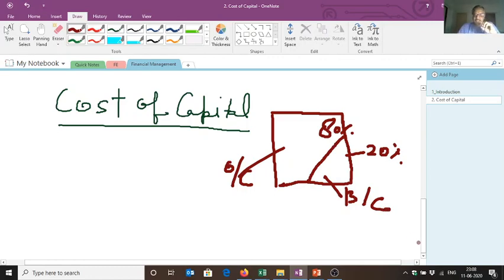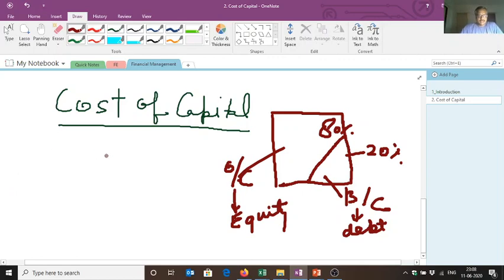I'm just giving you the percentages. Owned capital can also be termed equity, and borrowed capital can be termed debt.